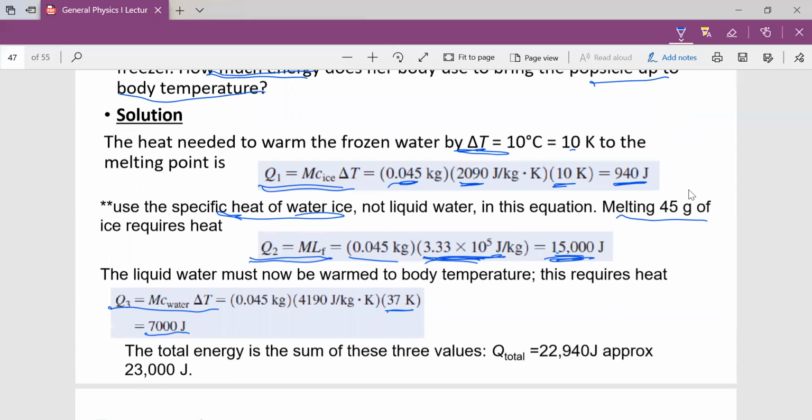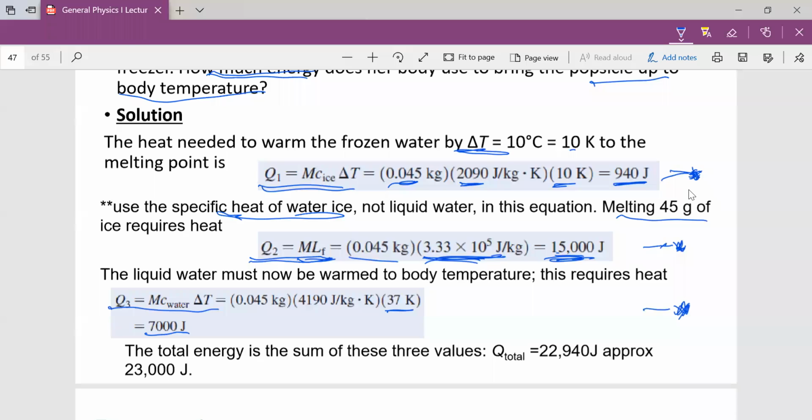I just want to check, what is Q2 representing, which phase change? It's representing the fusion, that is, it's going from ice to water. At the ice, what's the first one? This is at the ice. Okay, so this is where it goes to water, liquid in the child's mouth. And this is where it heats up.